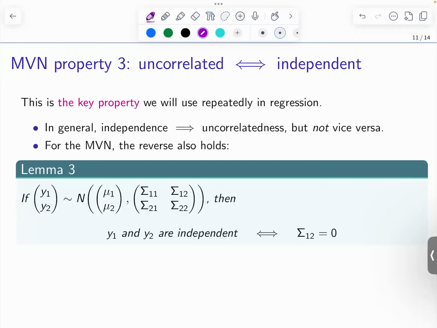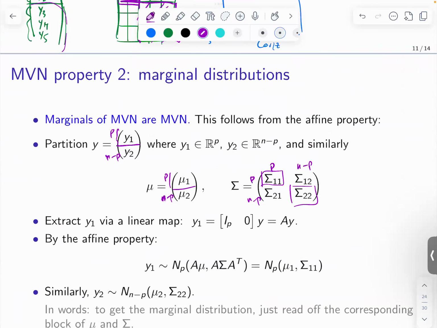The main thing that I want to get from this is, okay, so we actually needed this. If you partition in a conformable fashion, the mean is partitioned like that, and then the covariance matrix is partitioned in a similar way. So the p by p block on top would be the covariance matrix of y1.